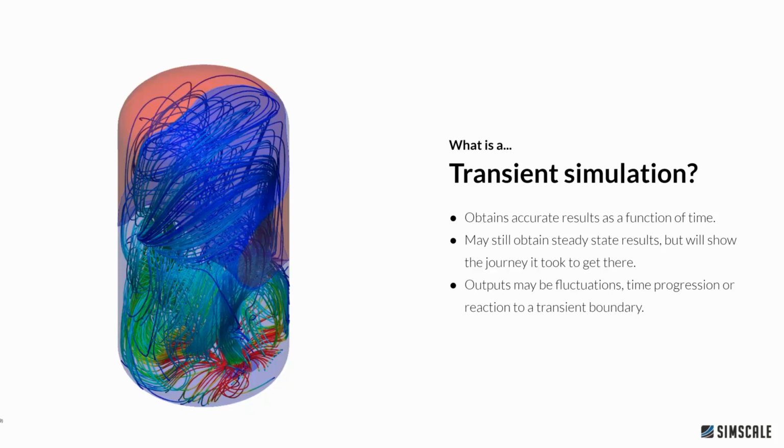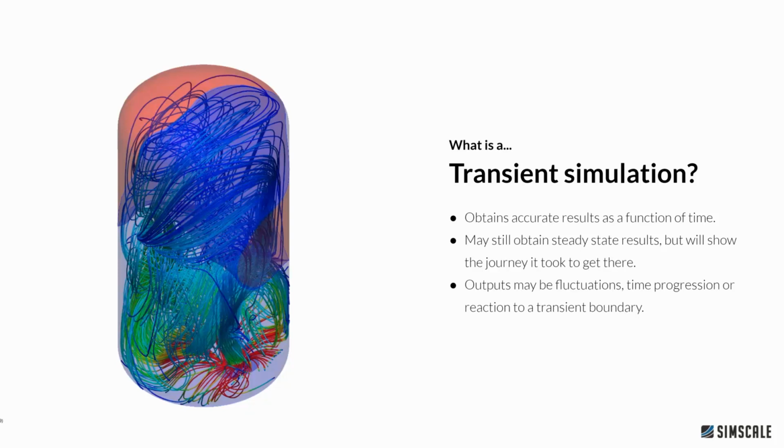But a transient simulation is something that is going to change over time. And we are interested in the results that change over time. So we could say, for example, that we were going to have a look at something that was typically steady state, but we want to know how it gets there, how the flow develops around this object to reach that steady state. An example of this might be turning on a chip in a PCB.